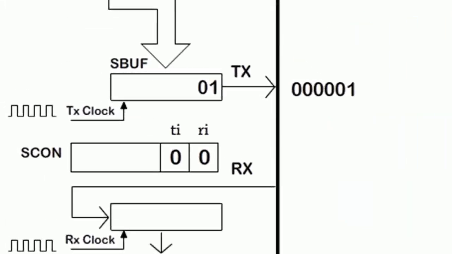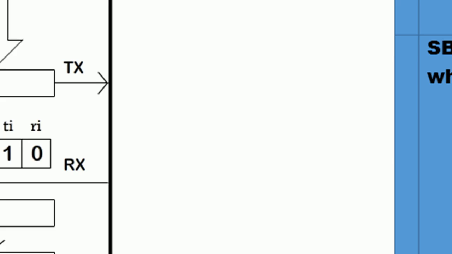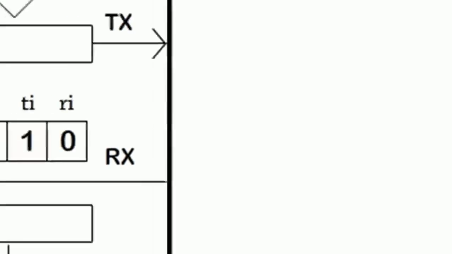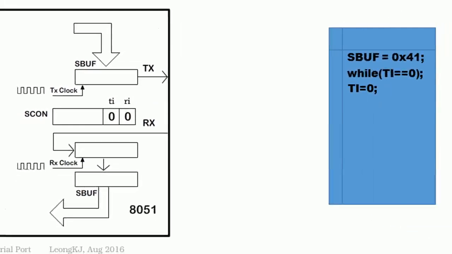When transmission is complete, the transmit interrupt flag becomes 1. The program skips out of the while loop and continues. At this point, the transmit interrupt flag should be cleared to 0. Repeat the same instructions for each set of data to be sent.